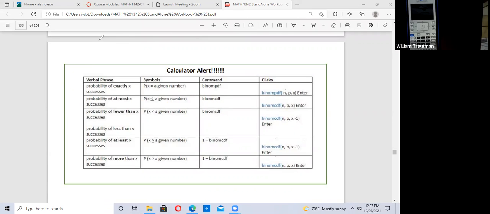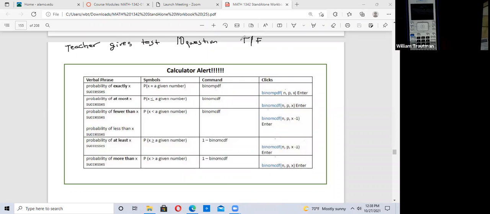And it's all going to have the same scenario. A teacher, and I think this might be similar to what I did on the video, gives a test with 10 questions. The questions are true or false.